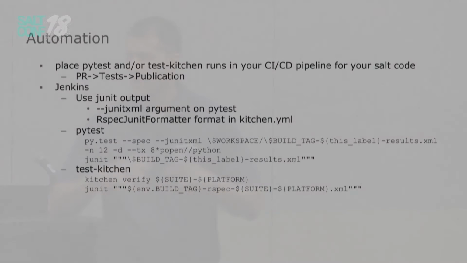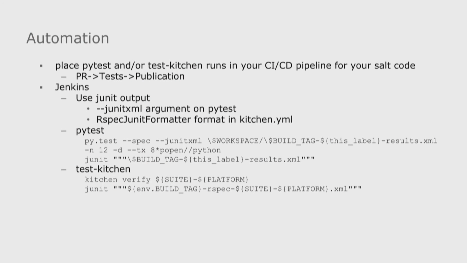Okay, so now, automation. It only actually gets one slide, which is unfortunate. But really, once you have it set up and working for you, you can automate it fairly easily if you do something like Jenkins.